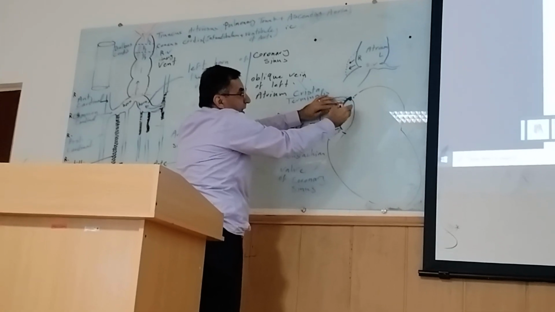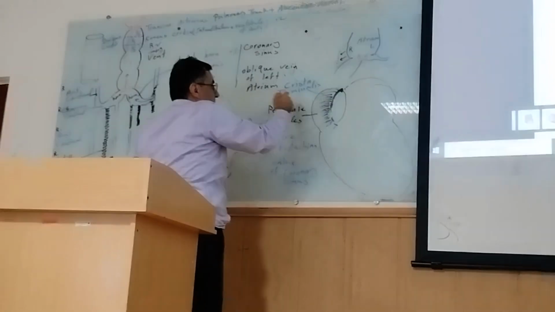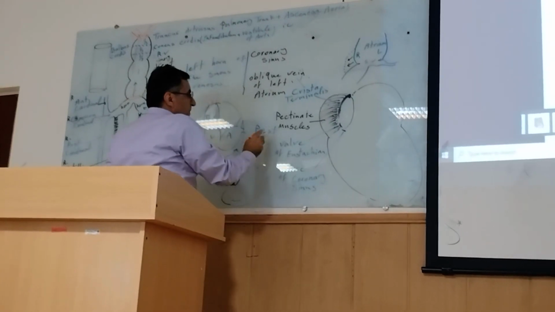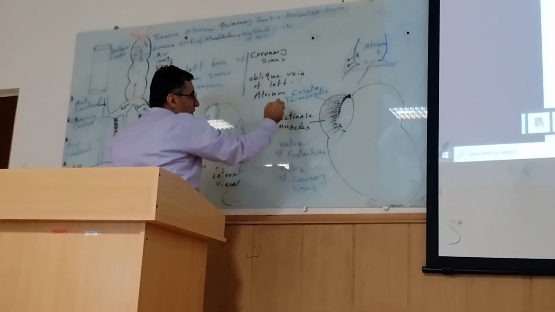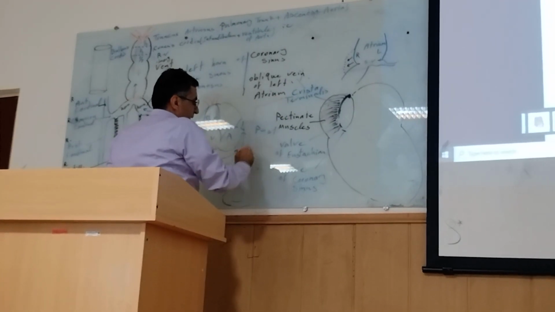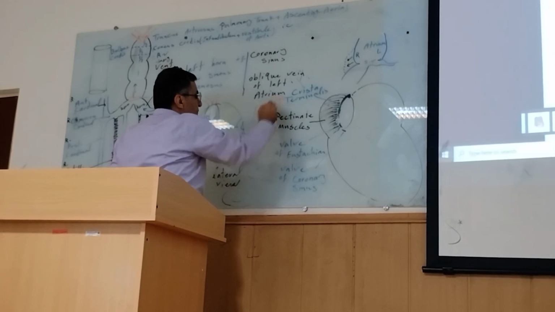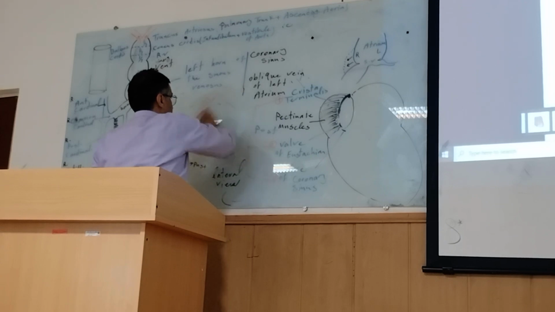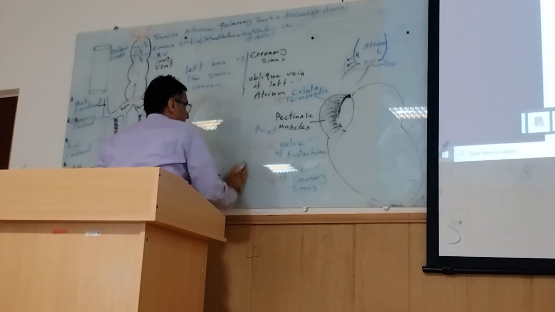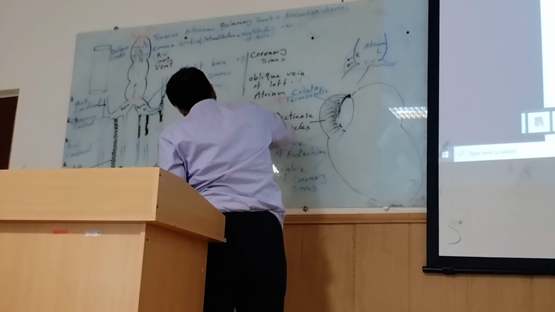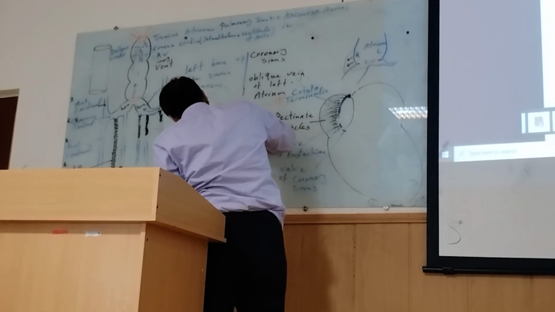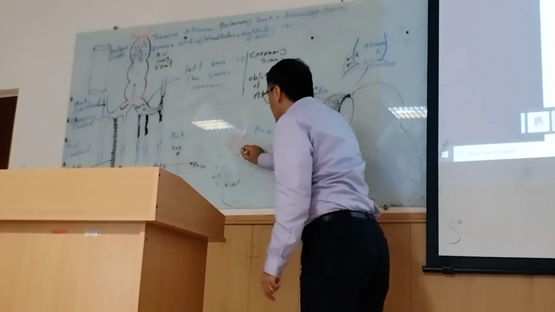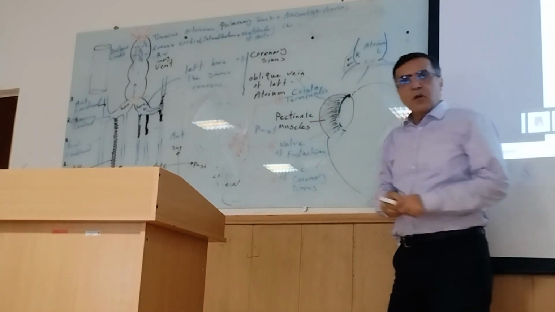The right valve makes three structures in our body. This is exactly your question in the final exam. Right valve of the sinoatrial orifice.